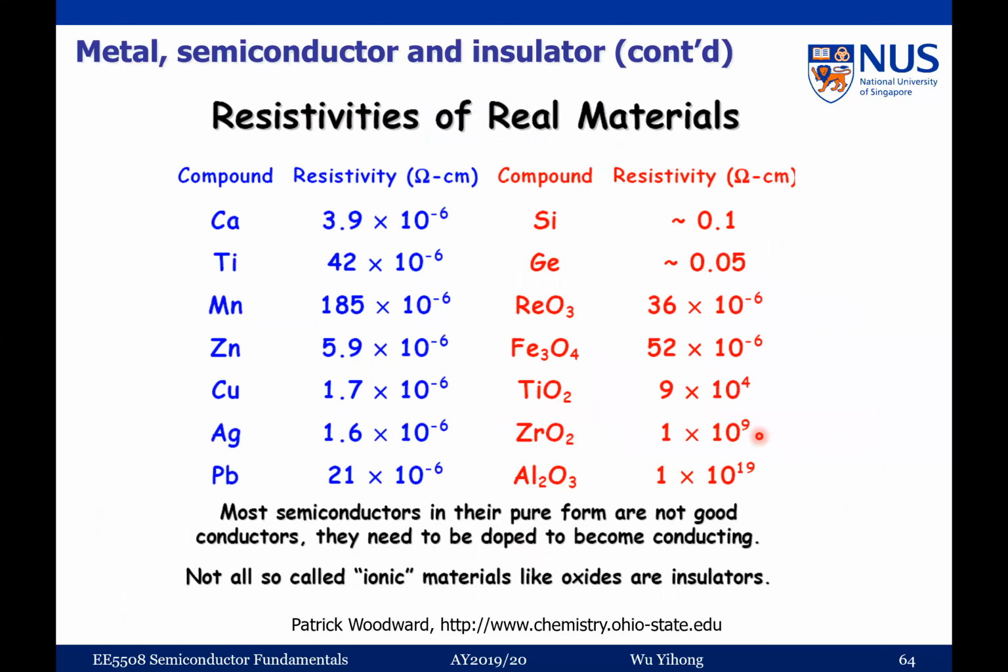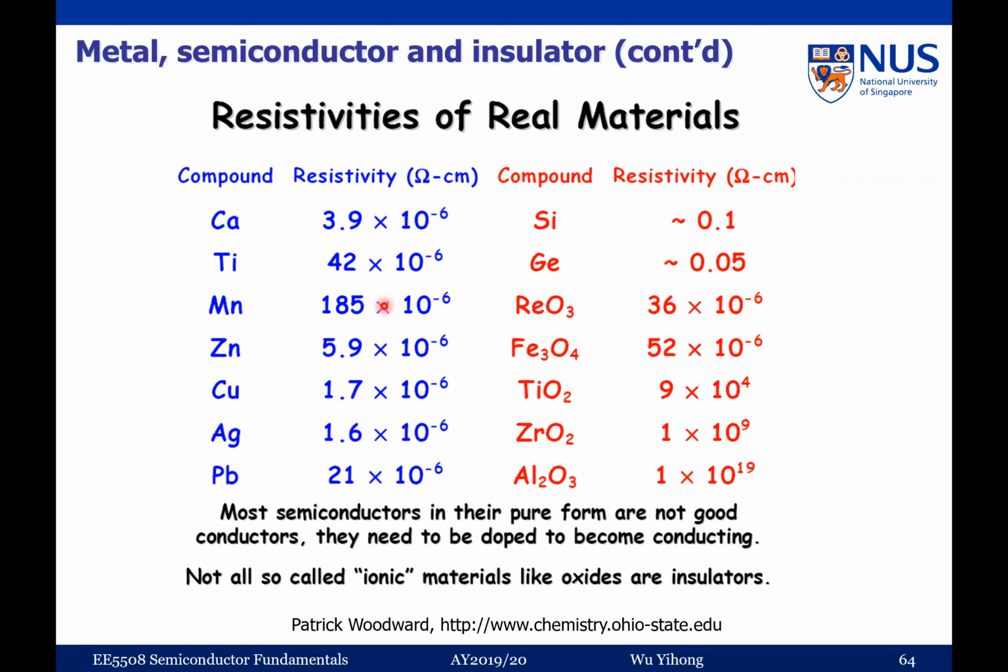Now we still have some other metals which are shown here. For example, the resistivity of calcium, titanium, manganese, zinc, copper, silver, and lead. You can see that the resistivity of these metals is, of course, very low compared to semiconductors, but still quite high compared to, for example, copper.